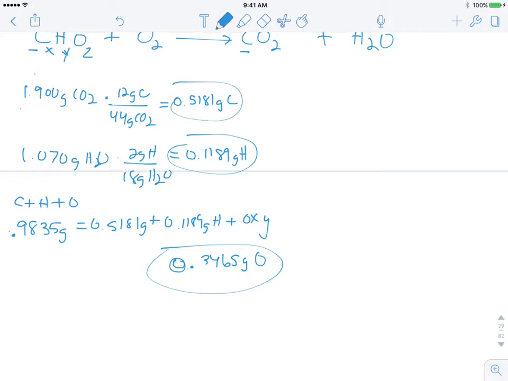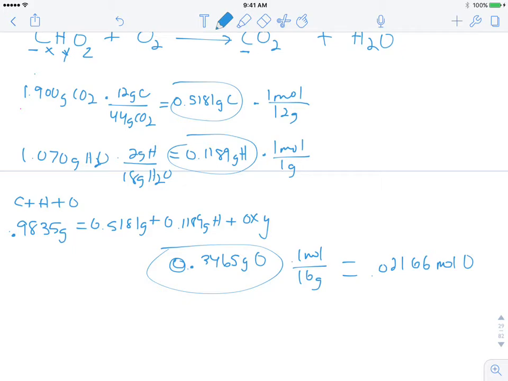Well, look, I have the grams of each thing. Don't change them to percentages, just change them to moles. Times 1 mole for every 12 grams, times 1 mole for every 1 gram, times 1 mole for every 16 grams. Let's go through and do it. We'll start with the oxygen. I got it on the calculator, divided by 16. So I have 0.02166 moles of oxygen.